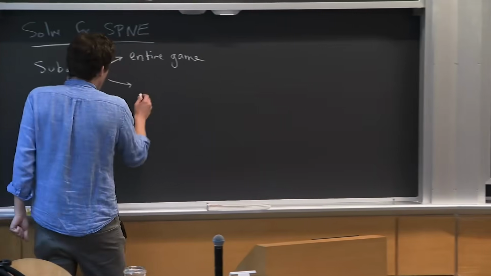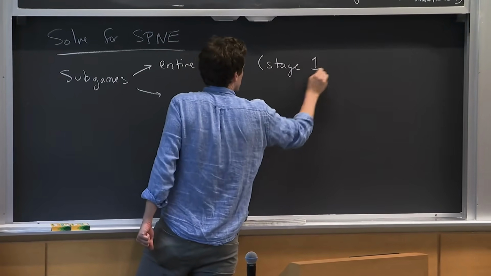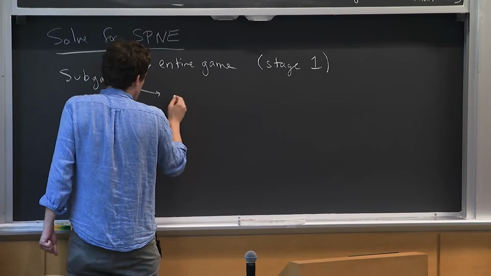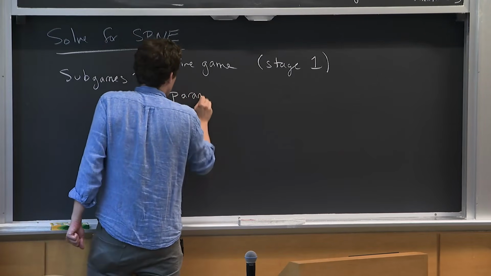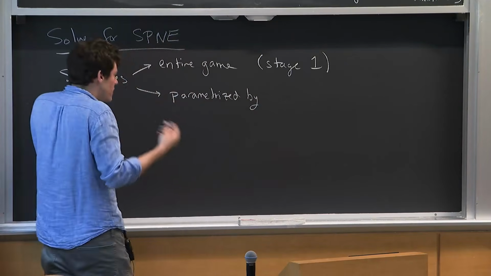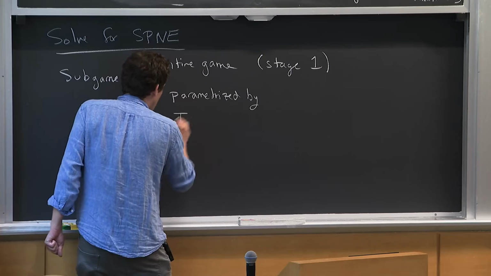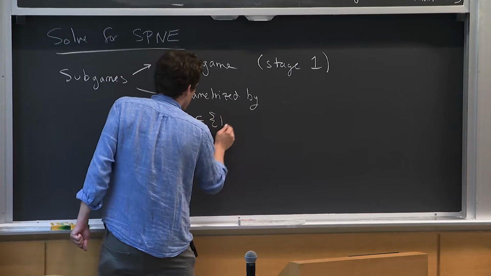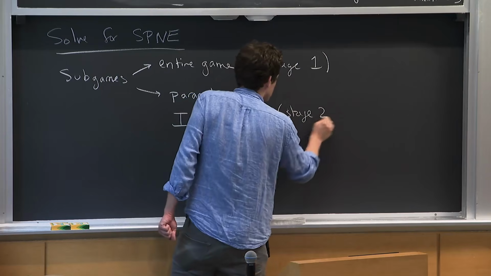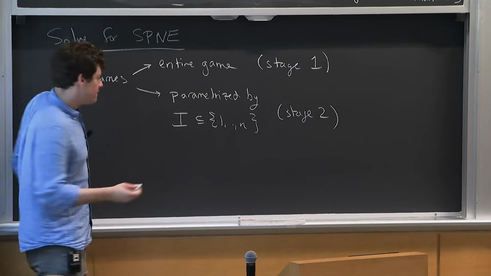So we have, and this is in stage 1, and then we have a subgame parametrized by, I'm going to say parametrized. That just means we can describe the subgame by this quantity. Maybe I'll call it I subset of 1 through n. And the interpretation of this is the set of players who entered.